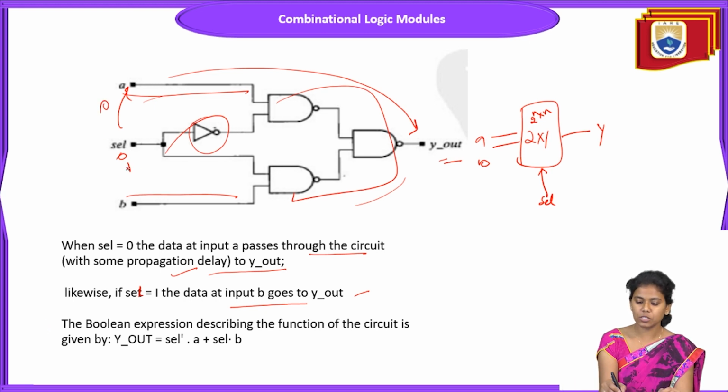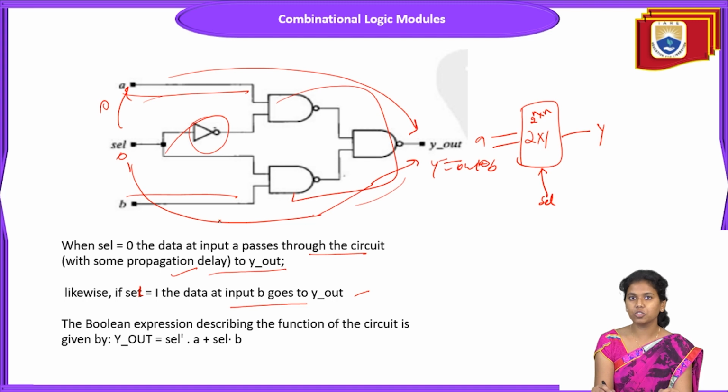When the selection line is 1, this gate initiates the mechanism and at the output Y we get the output with respect to selection line 1, that is B.